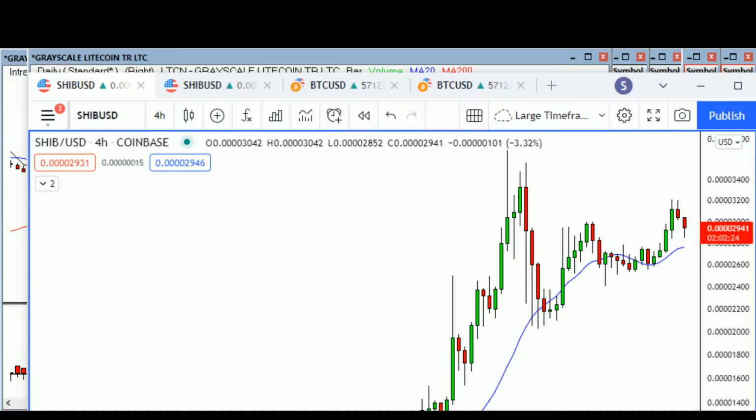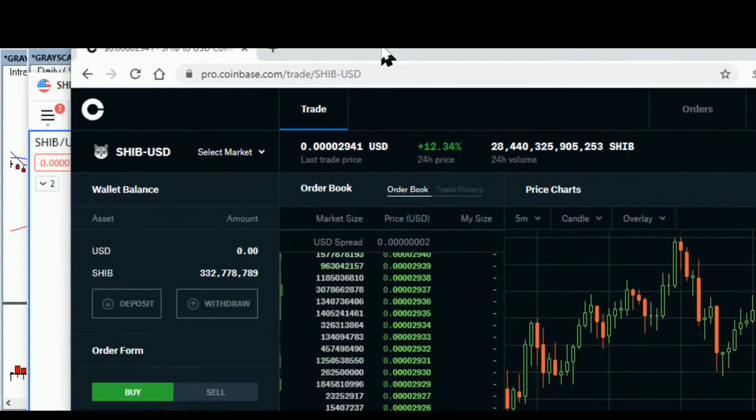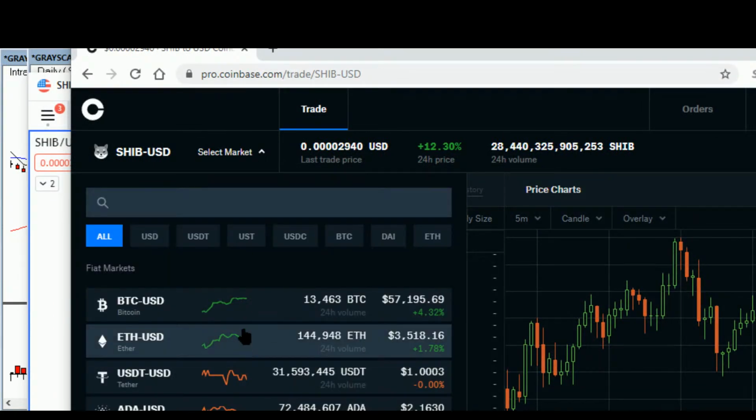All right. How did you pick SHIB over 3,000 other coins? It's just the pattern on it. I like that breakout on the hourly chart. It's just the pattern basically. But I didn't scan 3,000 cryptos. When I say my crypto universe, I only scan the cryptos that are available at Coinbase.